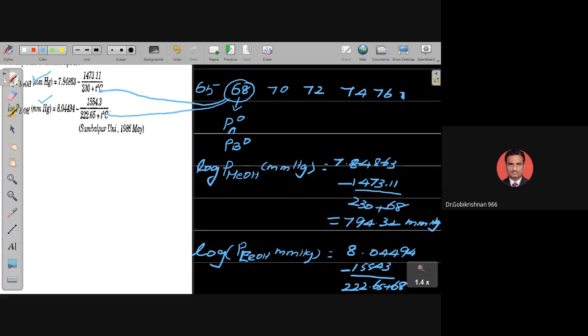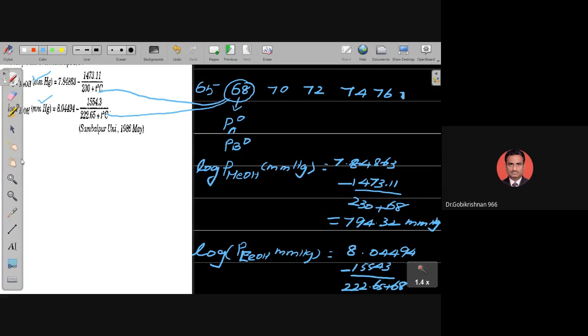497.73. Okay, that is fine. This value is after taking the anti-log of whatever value you got on the right side, isn't it? After taking the anti-log, you are getting 497.73.